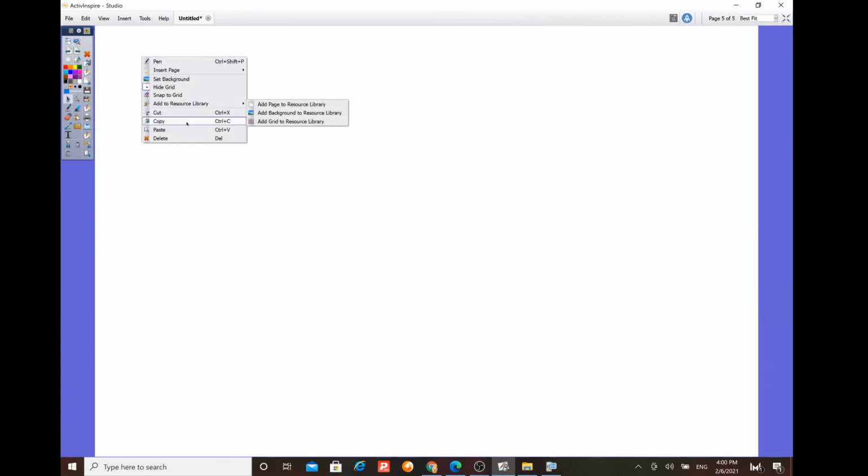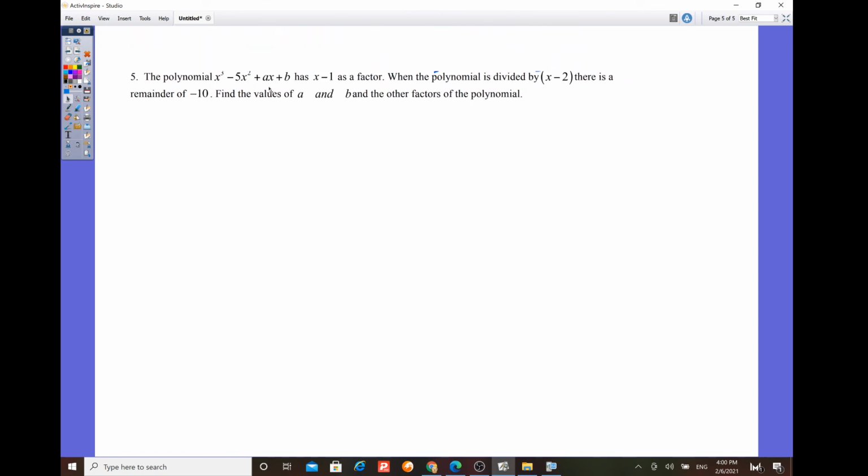Anytime you see a word problem like this one, it's always indicating a lot of elements. The one that's given is the dividend, the divisor, and here's another divisor, and this one is the final remainder.